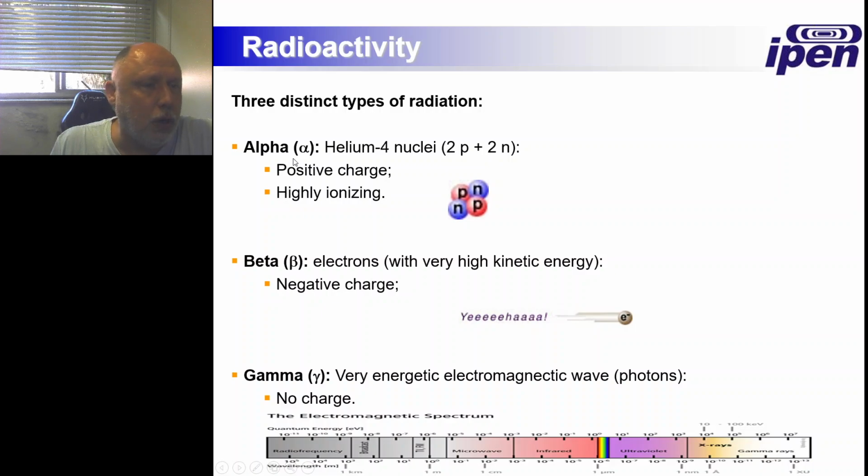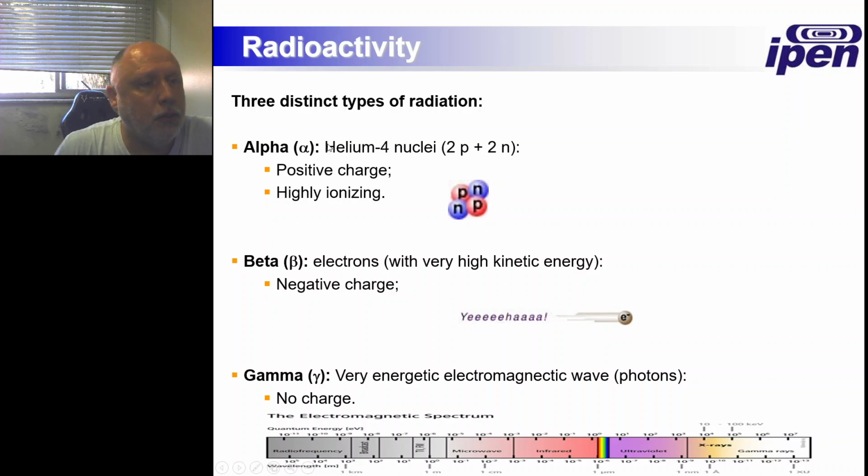Alpha particles are helium-4 nuclei. Remember, I showed you that helium-4 was a very, very strongly bound small piece of matter. That's why when matter tries to eject things from a nucleus, they tend to form alpha particles. It requires less energy than emitting, for instance, a single proton or a single neutron.